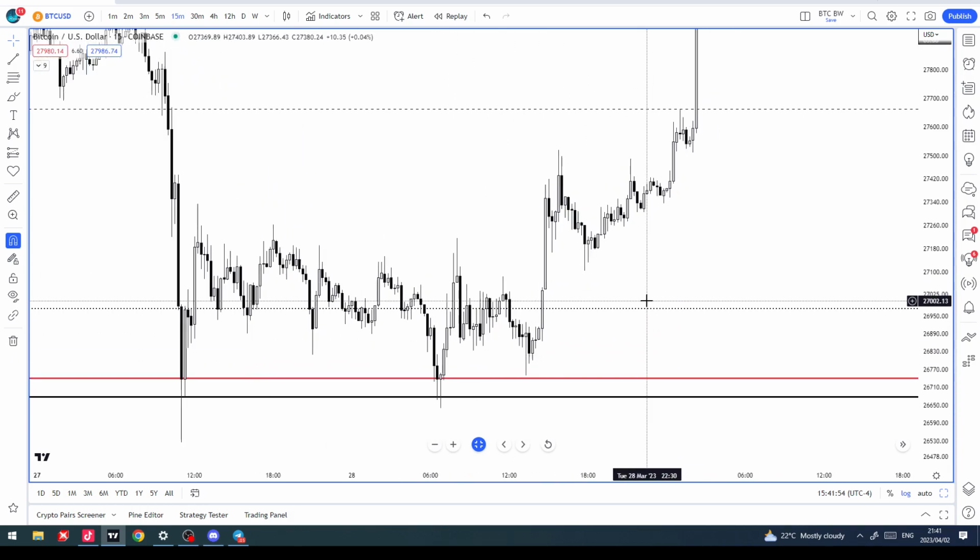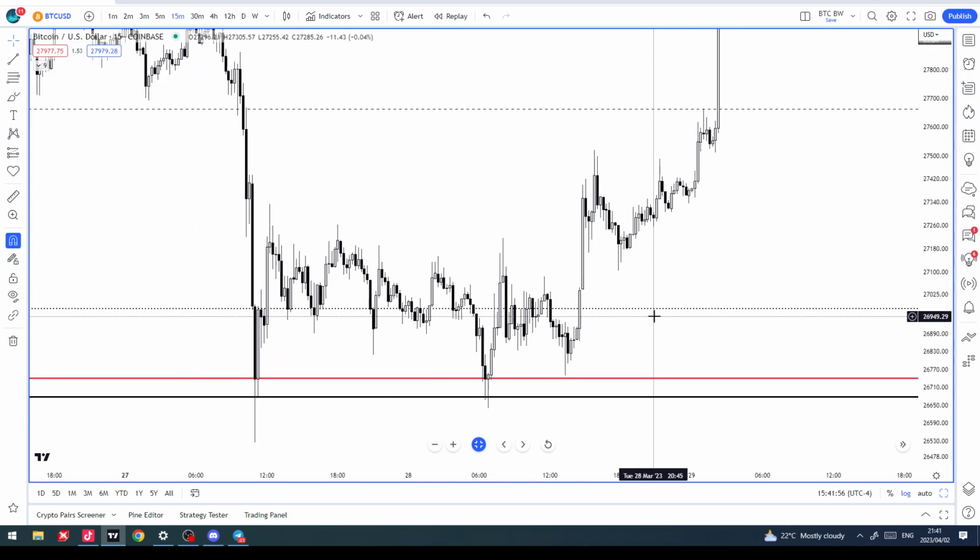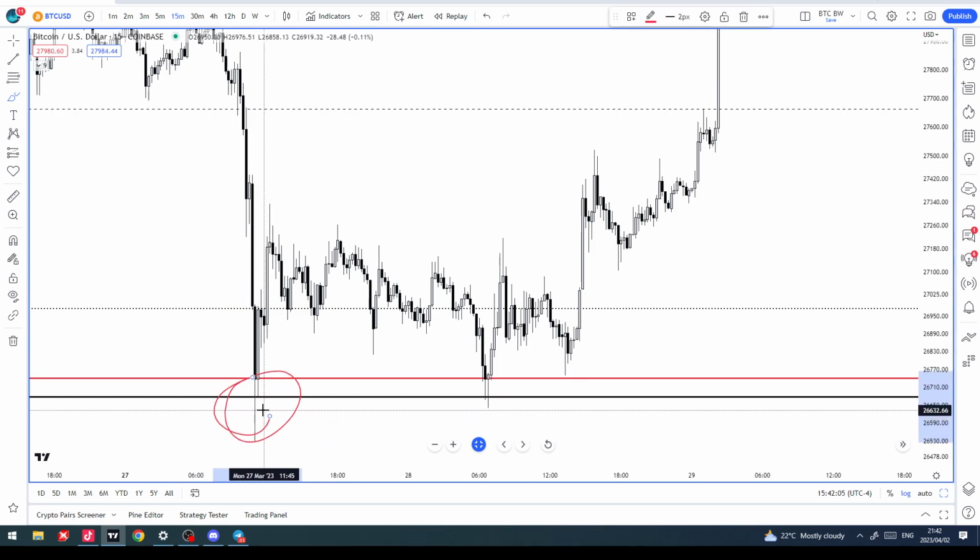Now here's what I want you to understand. On this day here, or these days here, we took the candle low here and we failed to close below it on a daily level. And what did I tell you happens? It will target opposing daily high or daily liquidity. It'll reach for the other side.